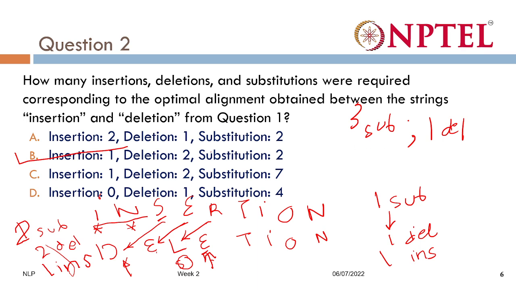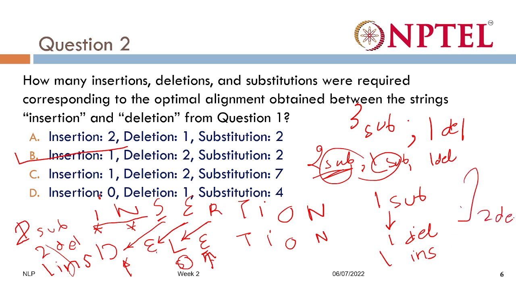Three substitution are there. So I keep it as two substitution, one substitution, one deletion. This you can replace by one deletion, one insertion. So what it becomes? Two substitution, and two deletion, one insertion. Any matches? Option B.